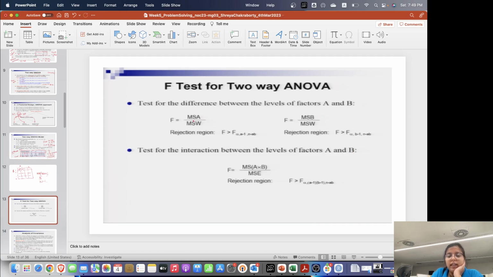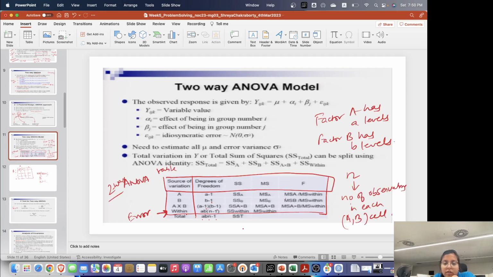So if we are testing for difference between levels of factor A or levels of factor B, then this will be my F observed, and the degrees of freedom will be F of A minus 1, and N minus AB, within.